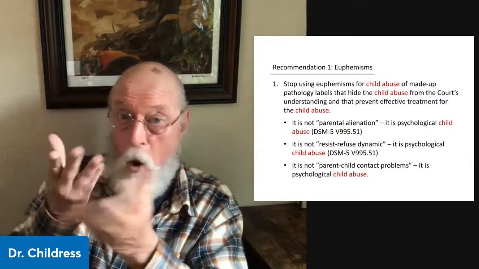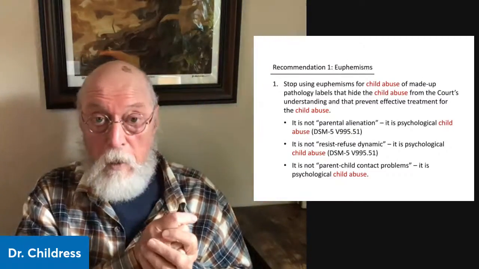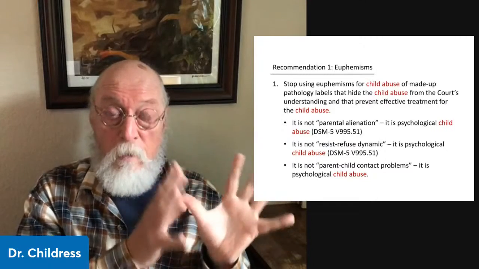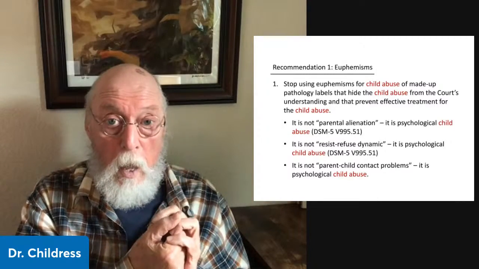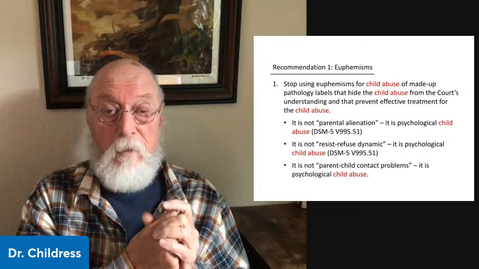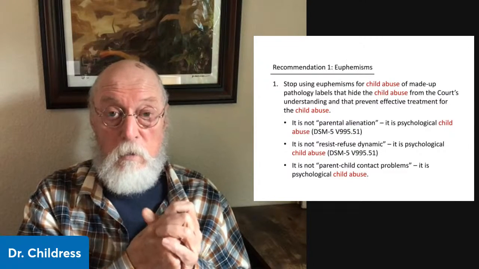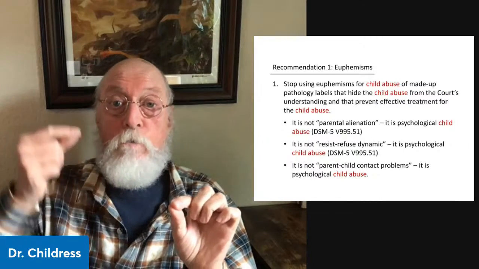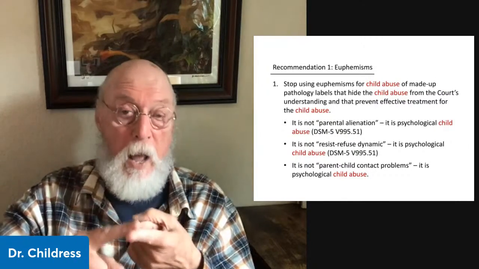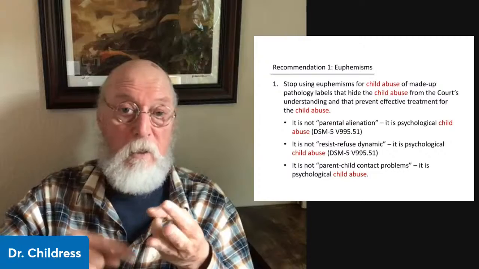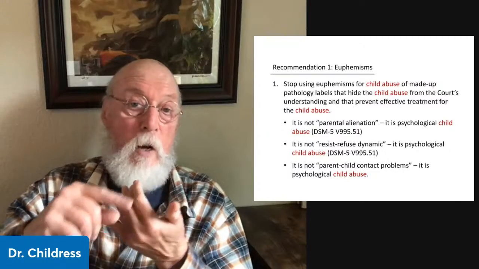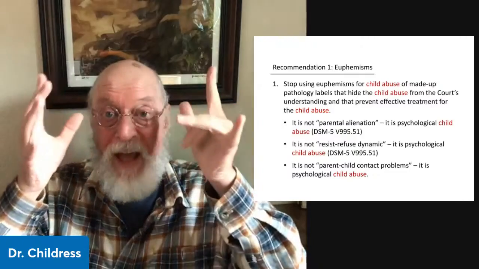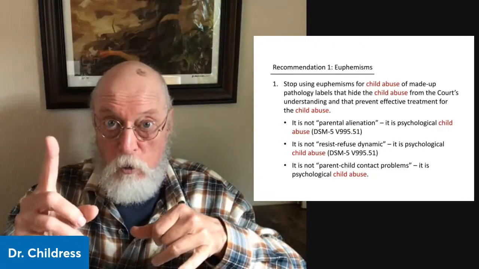So first, before you offer up any of your made-up pathologies of parental alienation, resist-refuse, parent-child conflict, before you start offering those as diagnoses or as pathology, you are required to first apply attachment, family systems, personality disorders, complex trauma, delusional thought disorders, the DSM-5. Apply all of that established knowledge first.